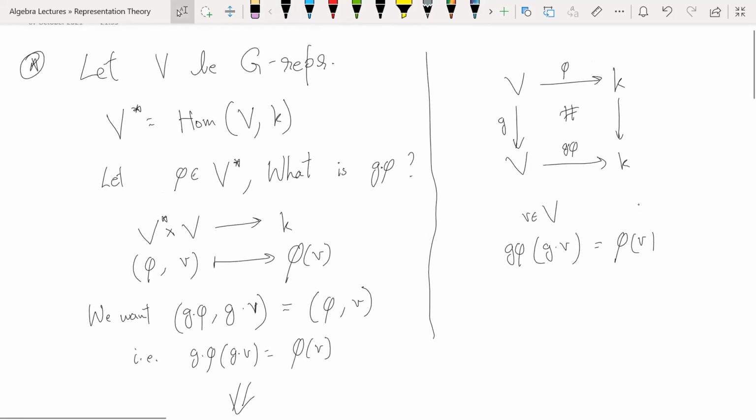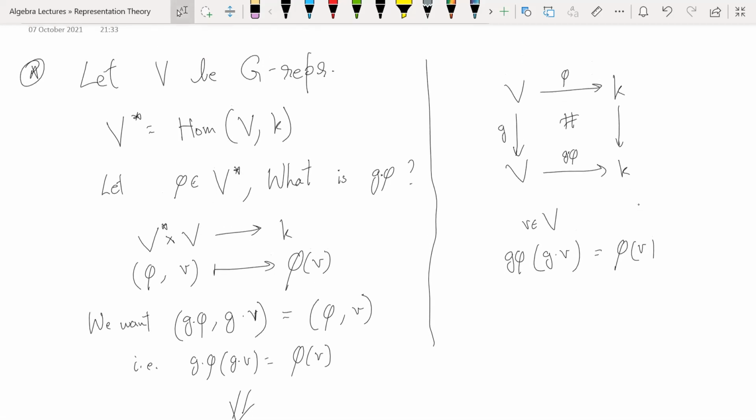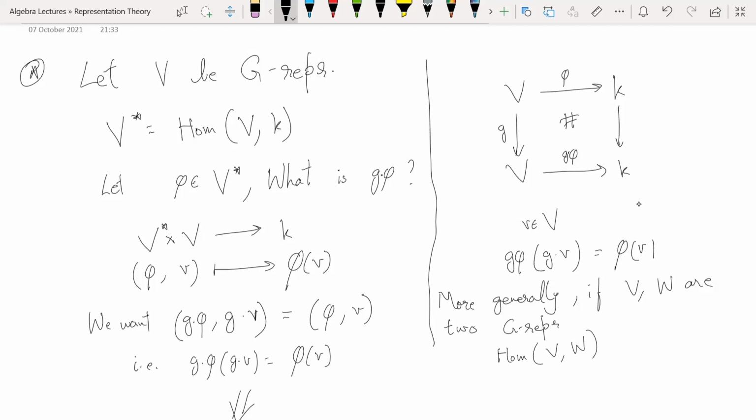In general, we will define Hom(V, W) when V and W are two representations, so the action should be in these terms. More generally, if V and W are two G representations, then we want Hom(V, W) to also be a G representation.